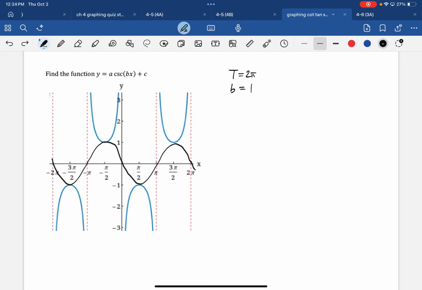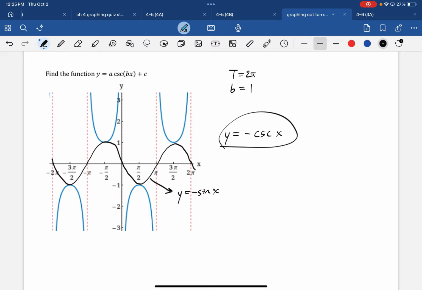Clearly this is a negative sine graph with maximum 1 and minimum -1, so a has to be -1. There's also no vertical shifting, so c is equal to 0 because the average is still 0. So my answer is y equals negative cosecant x, and I'm done, because this sine graph corresponds to y equals minus sine x.